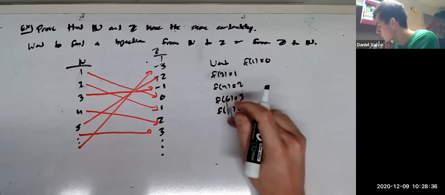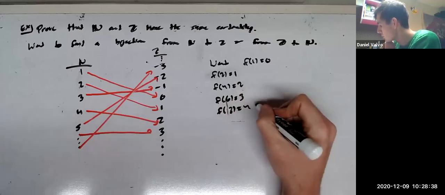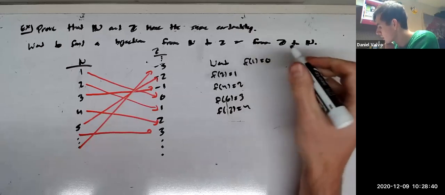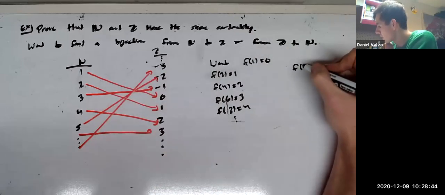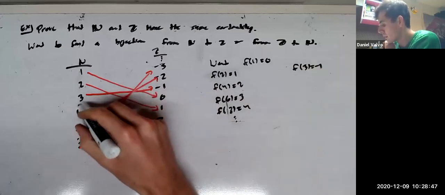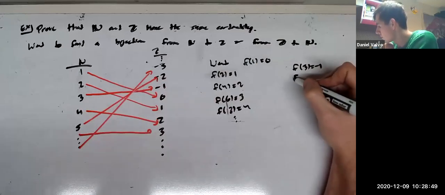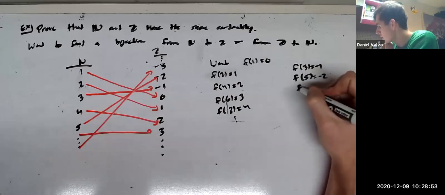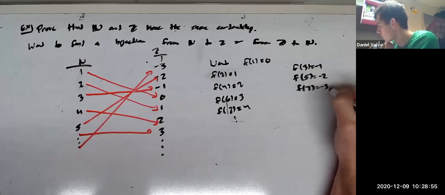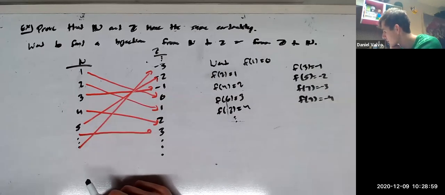F of 8 to equal 4. And then, see, I'm just doing the ones that will get us the positives. And the ones that get us negatives, we have f of 3 will get us -1. F of 5 will get us -2. F of 7 will get us -3. F of 9 will get us -4. On and on like that.